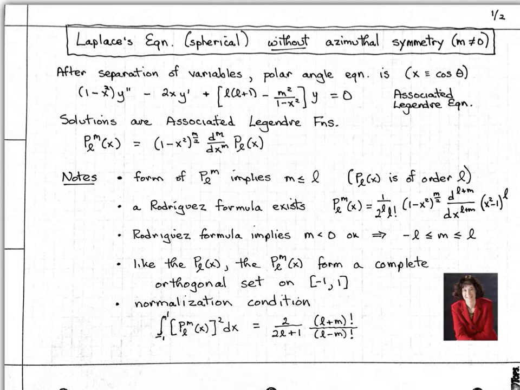And once again, we get that normalization condition by multiplying an associated Legendre function by itself and integrating over the interval. The answer depends on both of the integration constants. Of course, because the polynomials are orthogonal to one another, we mean that if you multiplied one associated Legendre function by a different one and integrated over the interval, the answer would be 0. That's the sense in which they are orthogonal to one another.